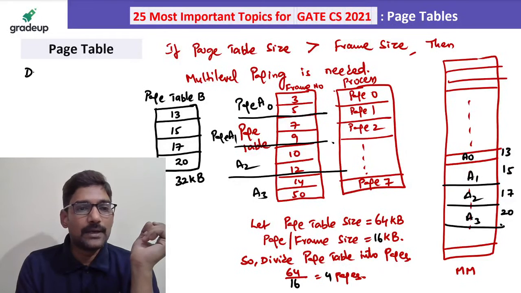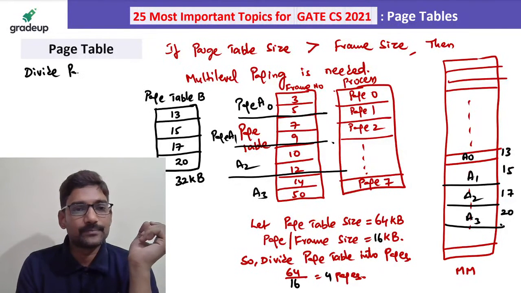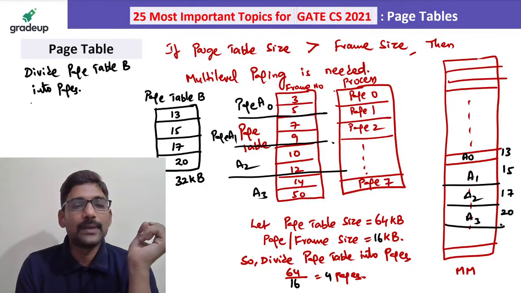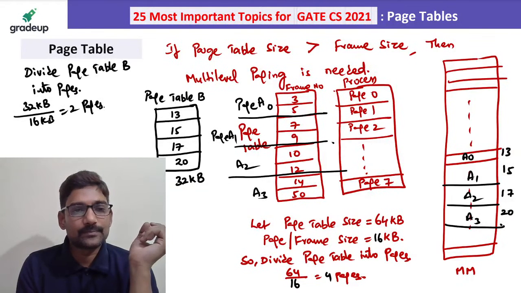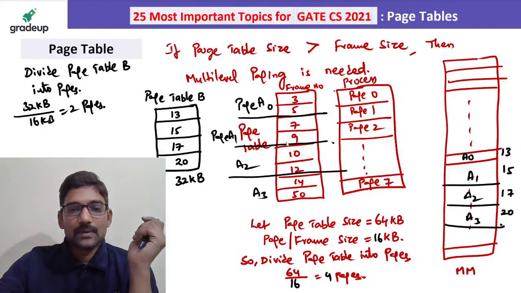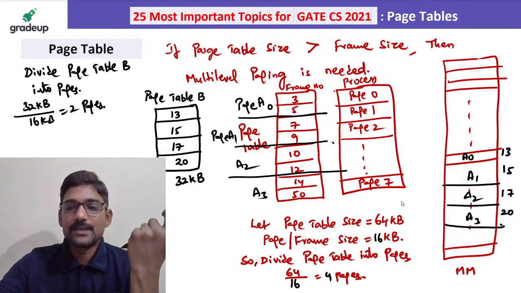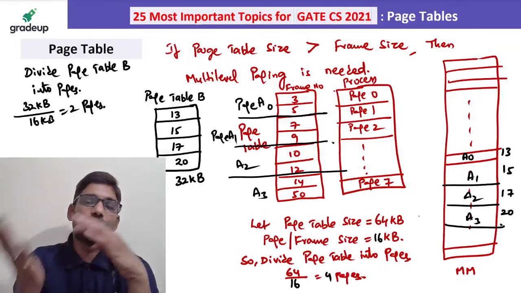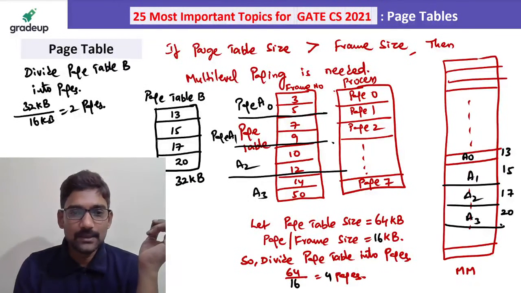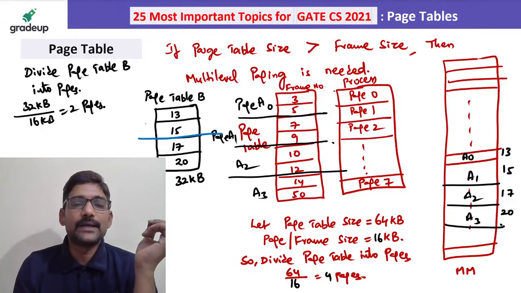So now divide this page table B into pages. One page size I am taking as 16 KB, so into 2 pages. So process divided into pages, its information maintained in one page table, that is divided into pages, that information maintained in another page table, that is again divided into pages.